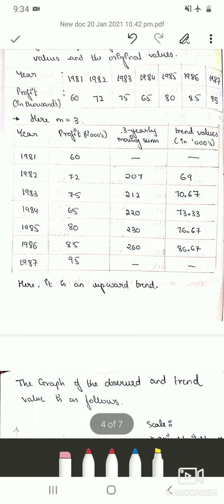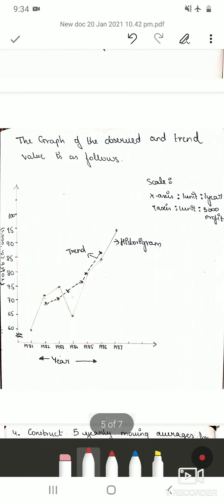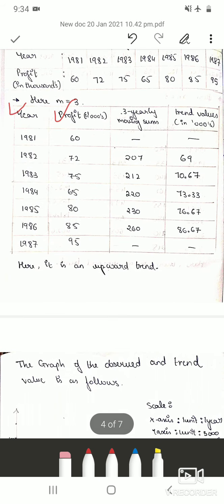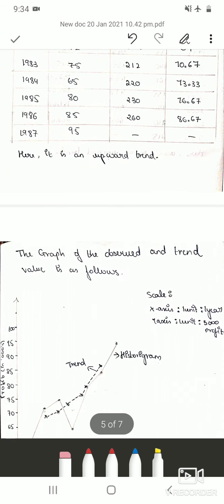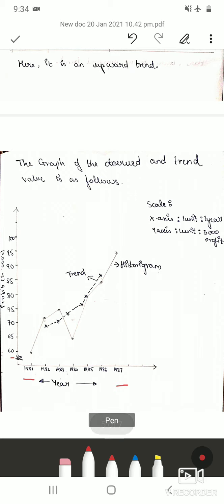To plot the graph, take the year on the x-axis and the profit on the y-axis. We have taken the years from 1981 to 1987 on the x-axis with 1 centimeter difference. On the y-axis the range is from 60 to 95, so we have taken values from 60 to 100.